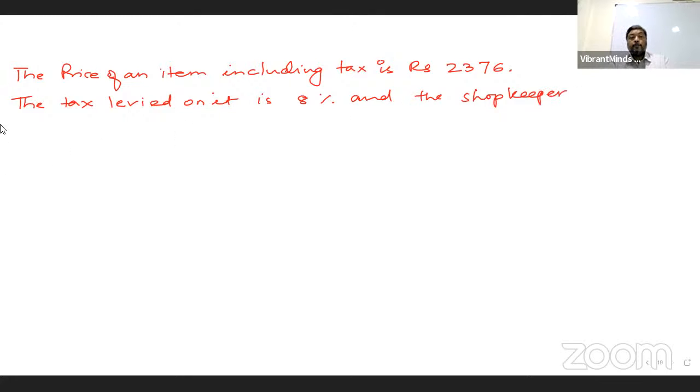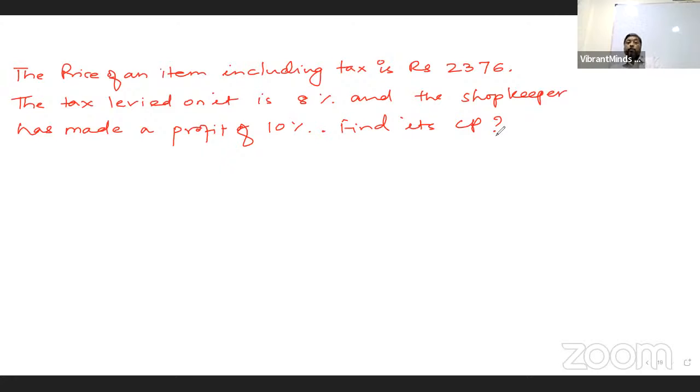And the shopkeeper has made a profit of 10%. Find its cost price. This is your question. Now, please, how will you attempt it?